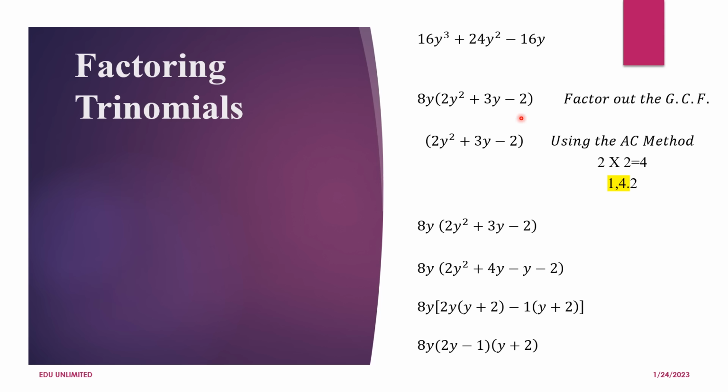So the greatest common factor here is 8y, because 16y cubed and 24y squared and minus 16y can all be divided by 8y without getting a remainder. Also, 8y is the highest or greatest common factor of all three.